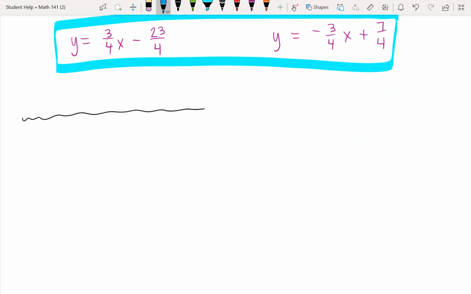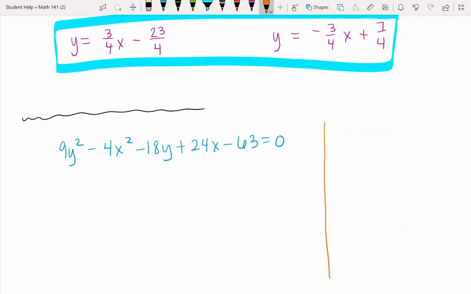So for this example, we'll have 9y squared minus 4x squared minus 18y plus 24x minus 63 equals 0. I'm just going to make a little note here on the side for standard form of conic sections.